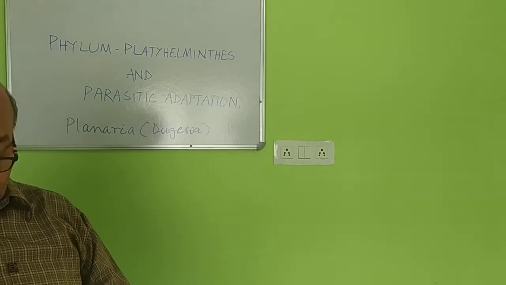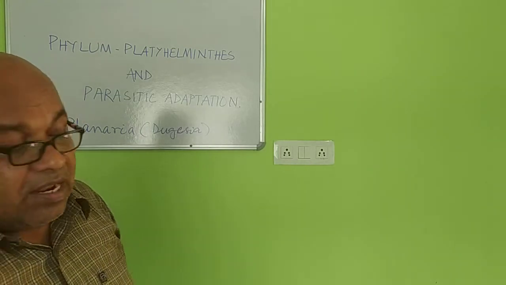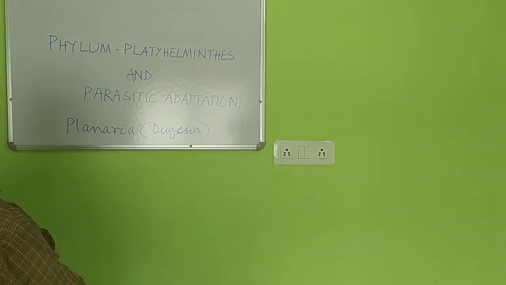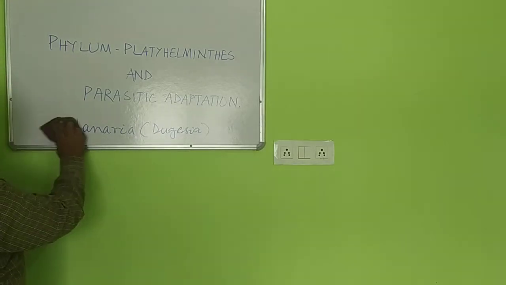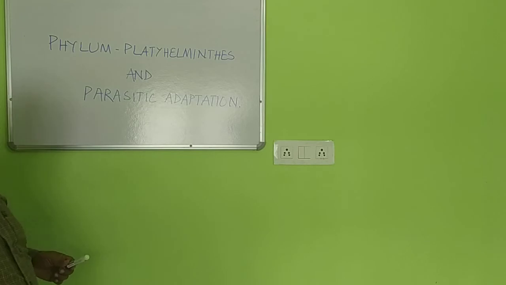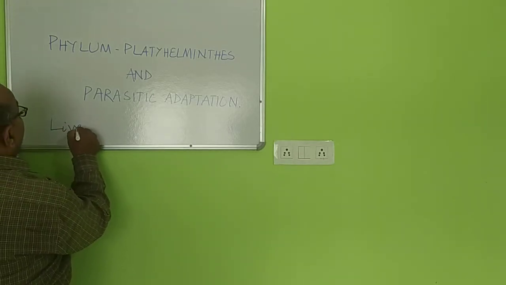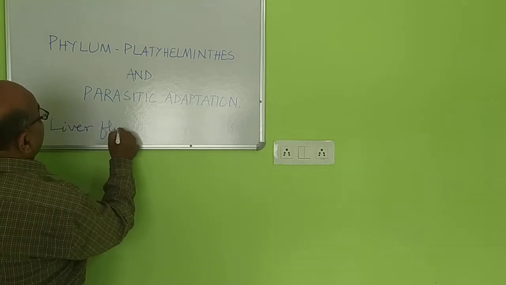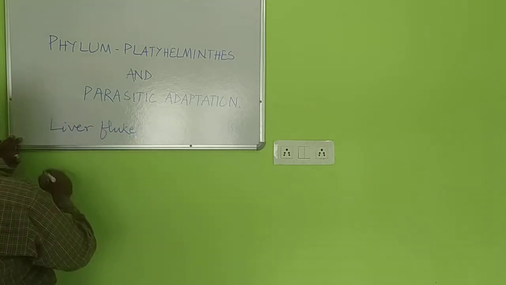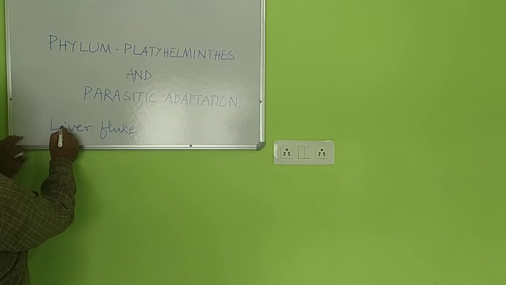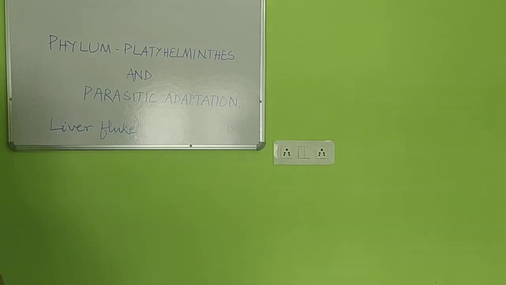The second one is the liver fluke, L-I-V-E-R, F-L-U-K-E. In English it is called liver fluke, but in zoological terms it is called Fasciola hepatica.